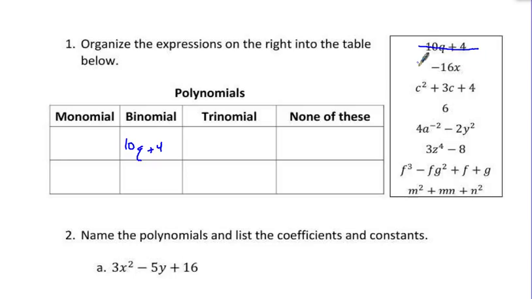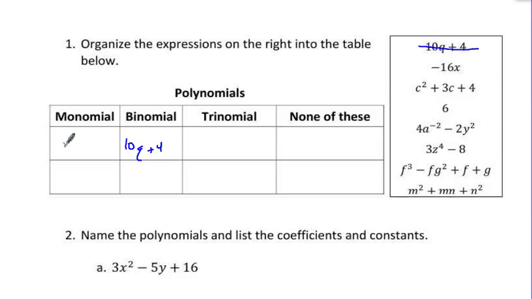The next one, I see a negative 16x. There is a minus sign, which would tell us, based on what I've said earlier, that this is a binomial, trinomial, something like that. However, the minus sign is in front. It's not separating terms. It's literally just making this one term negative.